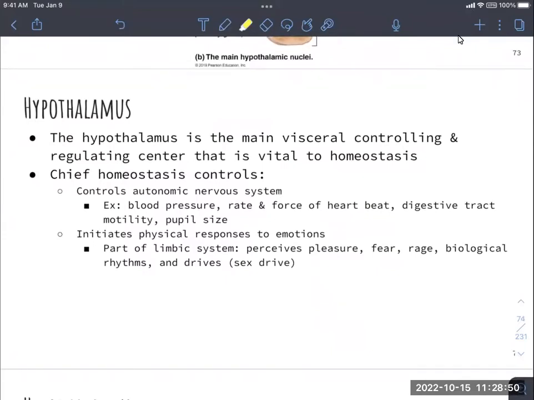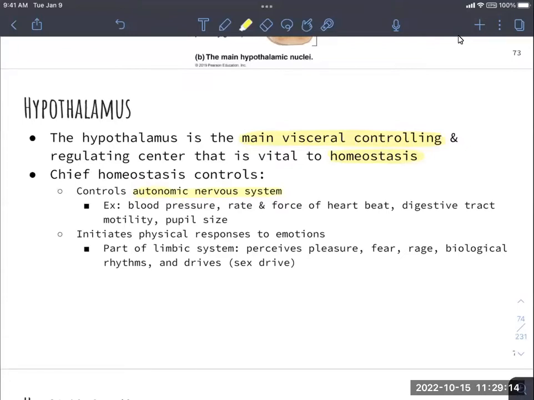So that hypothalamus does a lot of the visceral controlling. That is stuff that we have no control over. And it helps to maintain and regulate homeostasis because we need to keep our body functioning as efficiently as possible. So it helps to control that autonomic nervous system.